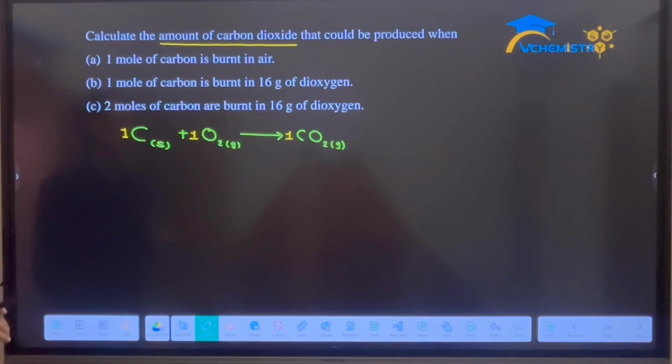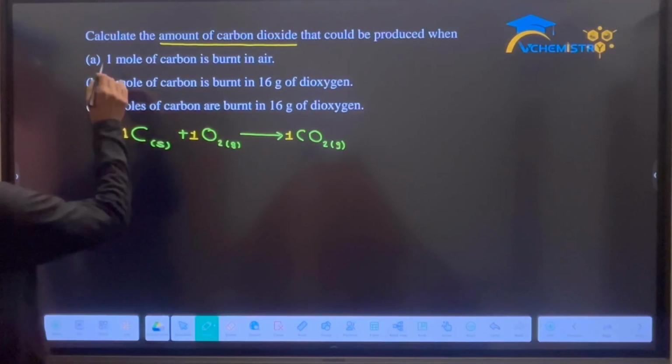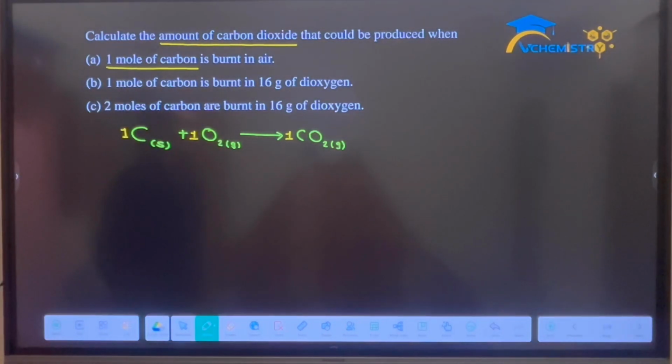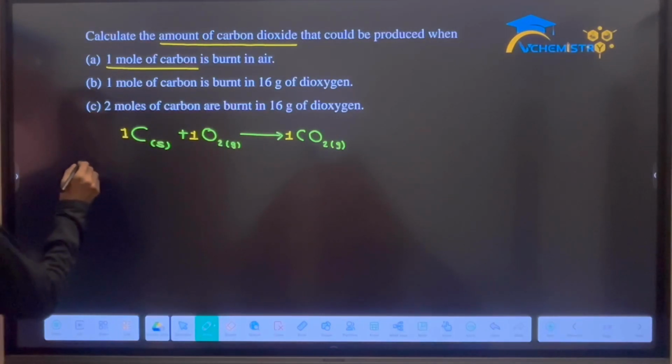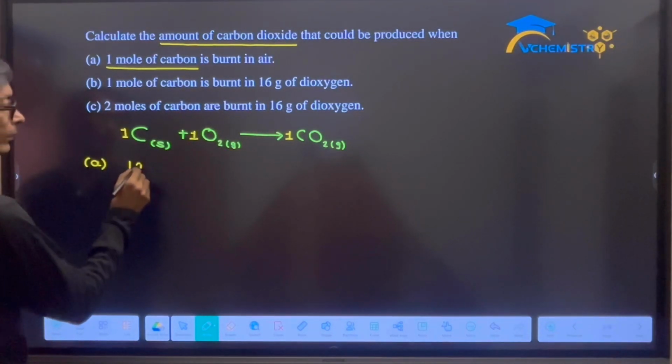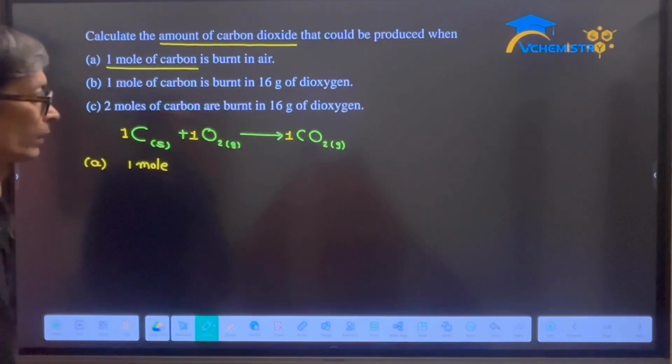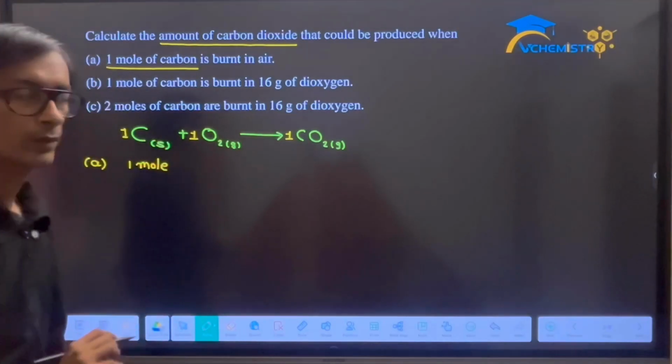The ideal statement can be written according to our requirement. See here, 1 mole of carbon is given, that means with respect to mole we can talk. So 1 mole of carbon reacts with 1 mole of oxygen.